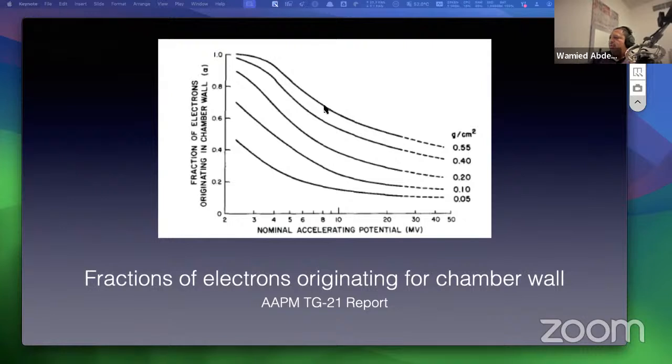The thicker the wall, the more the fraction of the dose is going to increase from those electrons produced within the wall material.